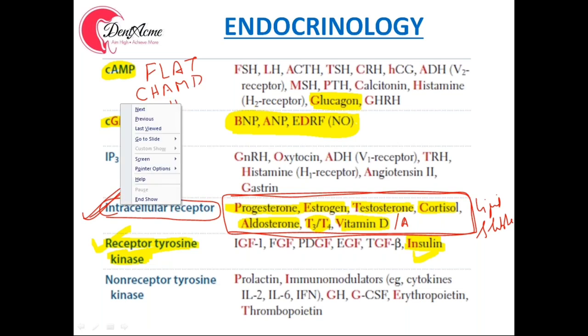U is silent here, as in there's nothing from U. So this is the mnemonic for cyclic AMP. I don't think it's needed, but you can still have it if you want.